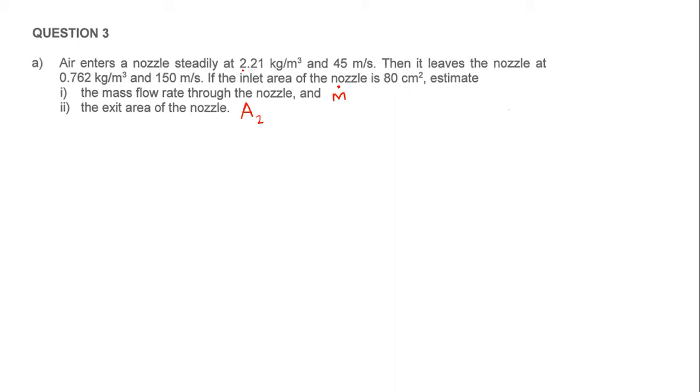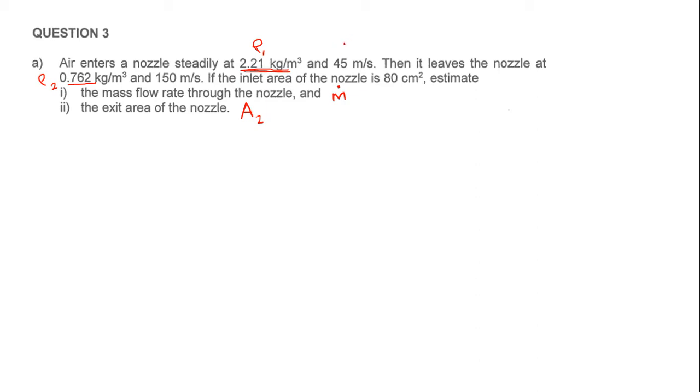Density. Density, okay, yes, good. So let's say P1, rho 1. And what else? Exit nozzle density, 0.762. Okay, this is rho 2.